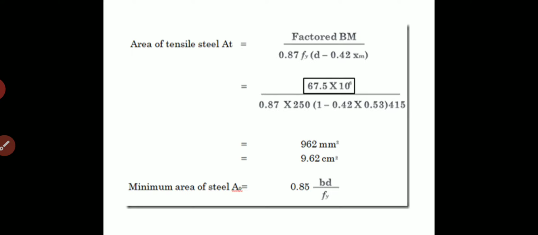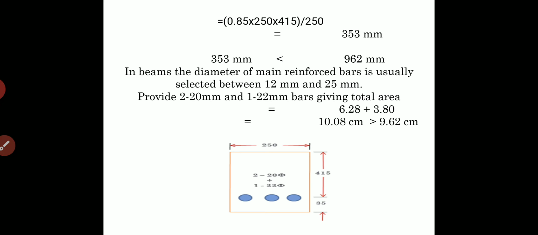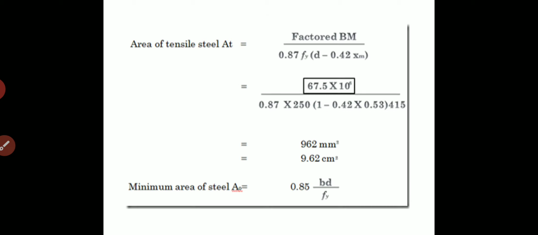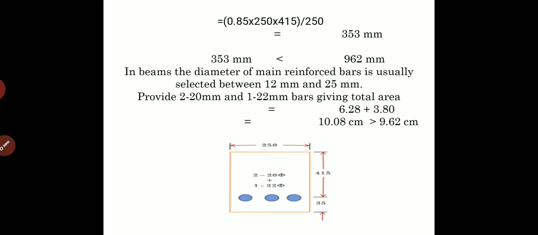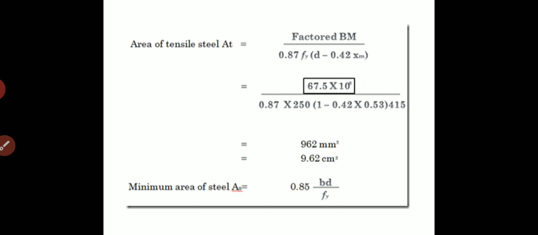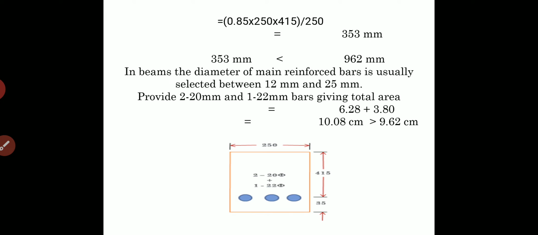The formula for minimum area of steel is 0.85 B into d divided by fy. So we put in the values: 0.85 into B, here 250, and d here 415, divided by fy, 250.